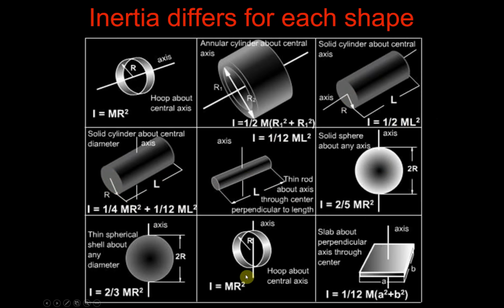Thin circular shells, hoops about the central axis now instead of about the axis as if it's rolling. In this particular case, I is equal to mr squared for both of these. And then you can look at flat slabs and how those rotate. So given the complexity involved here, like I said, we are going to look at the effects here more rather than just going through every single geometry, given that we are under some time limitation.